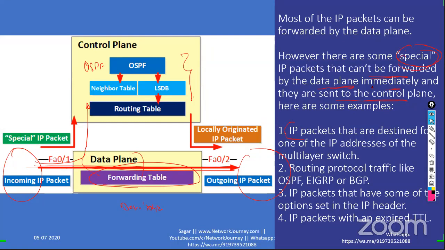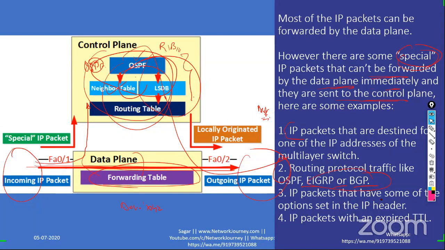Some examples of such special packets are when your packets are destined for another IP address, a different network, or when the routing information has to be checked to see how to reach the destination network. Or sometimes when you have traffic for OSPF, EIGRP, BGP, when your packets are originating within your router and are part of OSPF or any sort of protocol. In that case, it originates from the control plane.